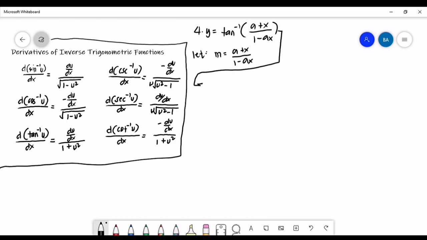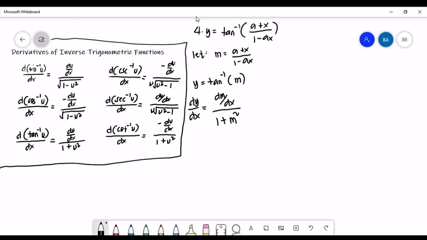We could say that y equals arctangent of m, and then we could use equation number 3, and then dy/dx is equal to dm/dx over 1 plus u squared. Oh no, sorry, m squared.